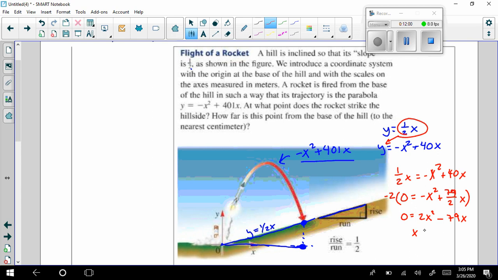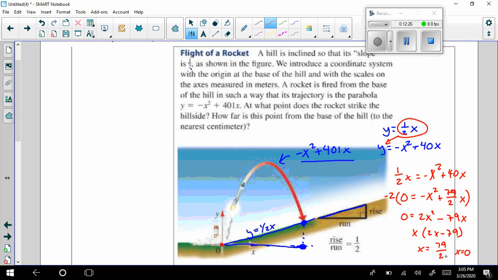So take the x out, we get x times 2x minus 79. So x equals 79 over 2, and x equals 0. Well, we know when x equals 0, y is also equal 0.